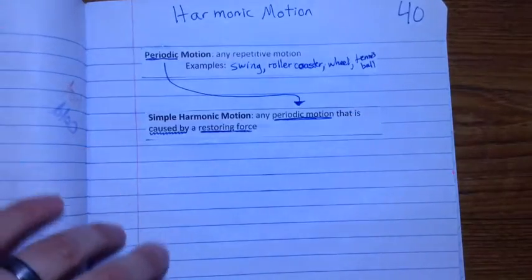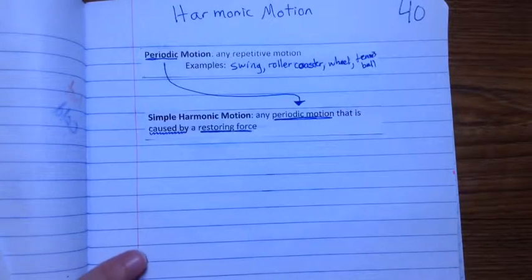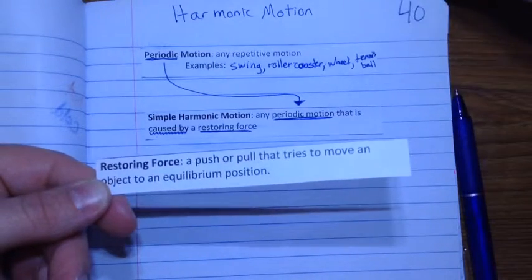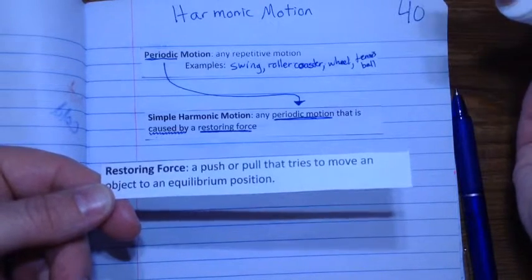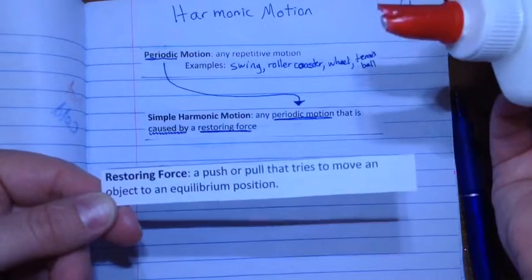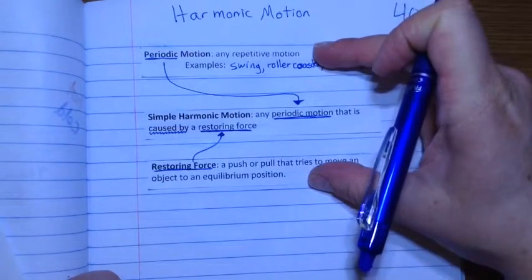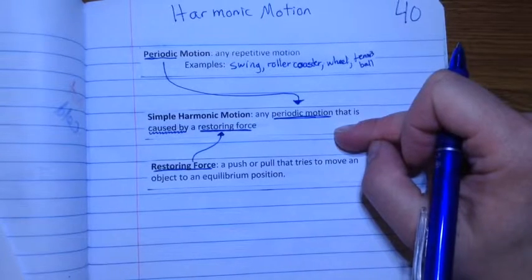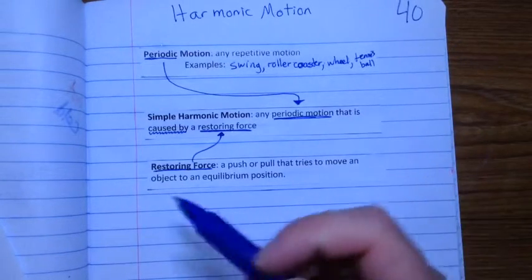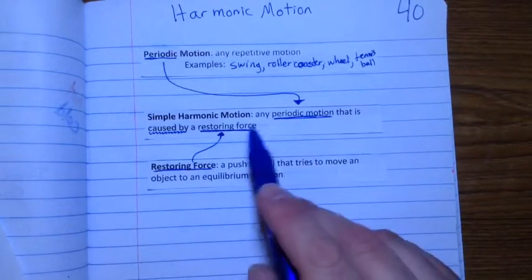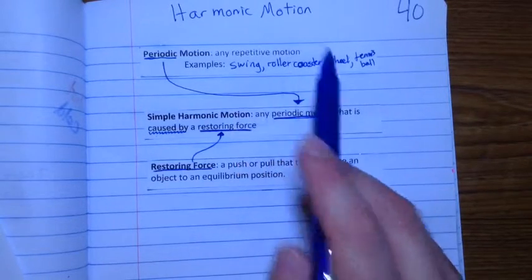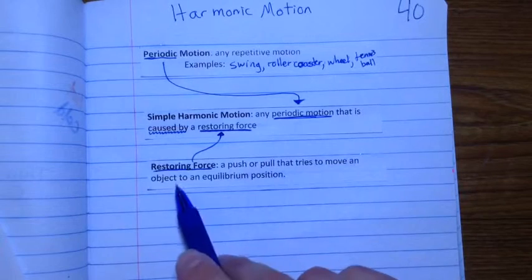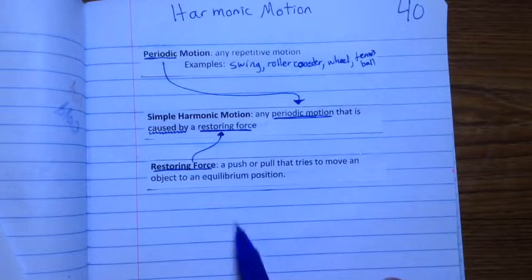So, what's the definition of a force? A push or a pull. A restoring force is a push or pull that tries to move an object to an equilibrium position. We combine these two definitions, periodic motion and restoring force, to create the definition of simple harmonic motion. So you could read it as any repetitive motion that is caused by a push or a pull that tries to move an object to an equilibrium position.